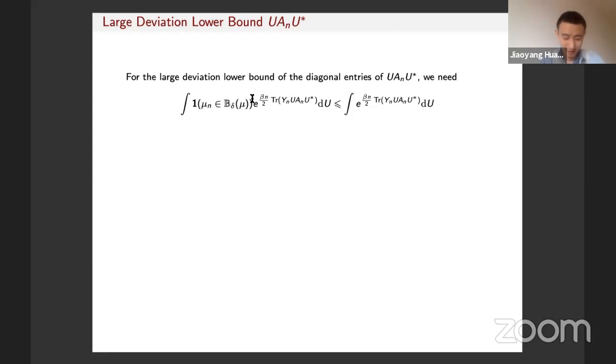And the same as in the last example, the only place which will give us an inequality is when we replace this integral over the event that the empirical measure of the diagonal entries is close to mu by the integral over the whole domain. However, if we can choose some Yn such that under this tilted measure, mu n is concentrated around mu, then we can have equality here.